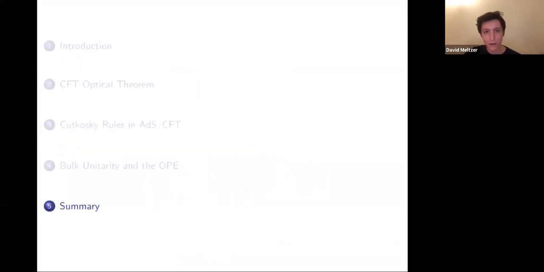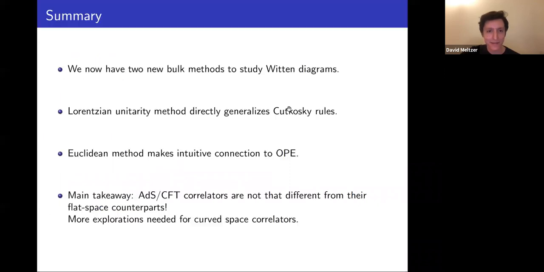Okay, so now let me wrap up. I think that was a little over 10 minutes. Anyway, the main takeaway is that we now have two bulk methods to study Witten diagrams. We have the Lorentzian unitarity method, which directly generalizes Cutkosky rules.